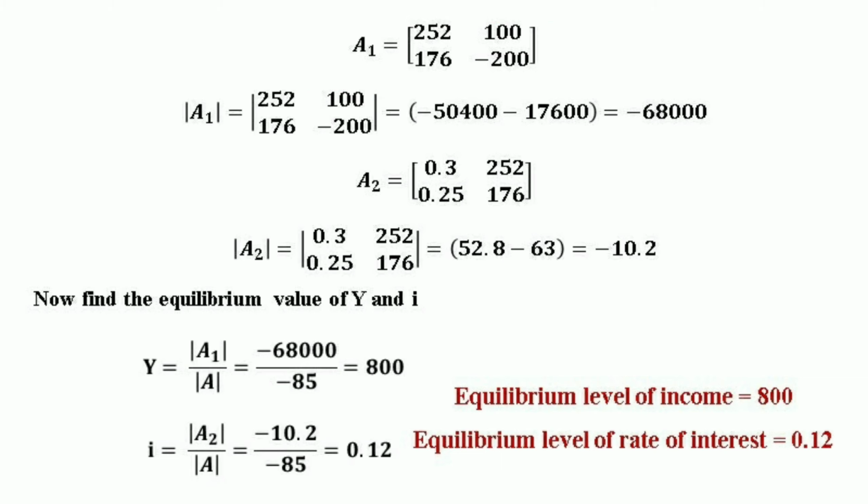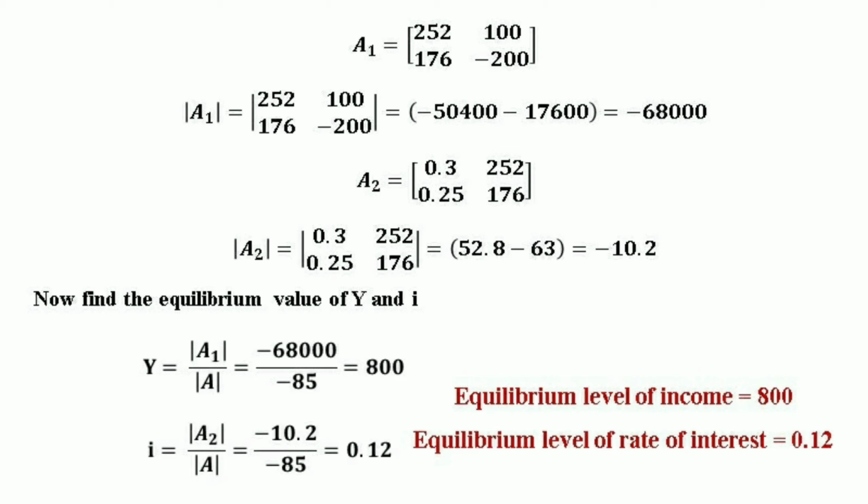And the next step is to find the determinant of A1, and the determinant is 252 into minus 200, which is minus 50,400, minus 100 into 176, that is 17,600. So minus 50,400 minus 17,600 is equal to minus 68,000. So the determinant of A1 is equal to minus 68,000.